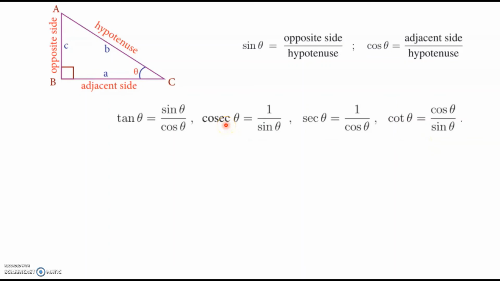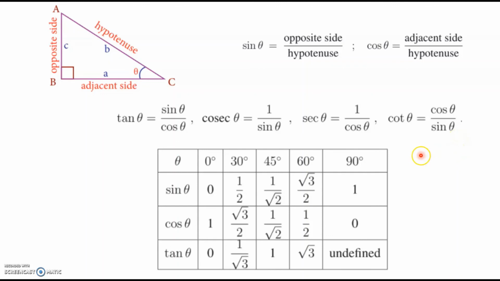Cosecant theta is the reciprocal of sin theta, which is 1 by sin theta. Secant theta is the reciprocal of cos theta, which is 1 by cos theta, and cot theta is the reciprocal of tan theta. Since tan is sin by cos, cot will be cos by sin theta.